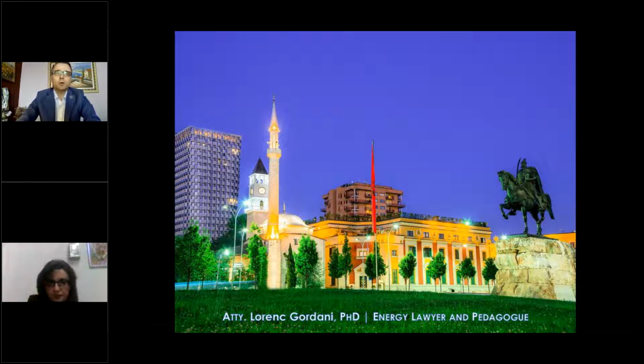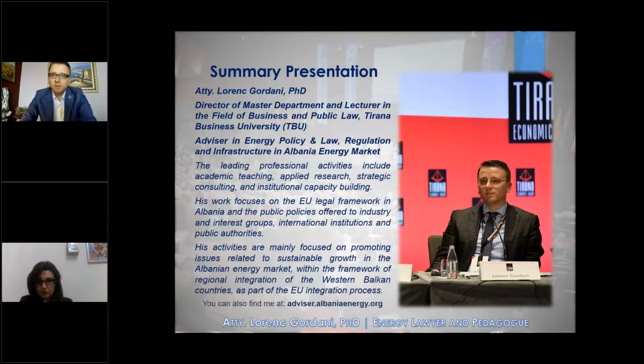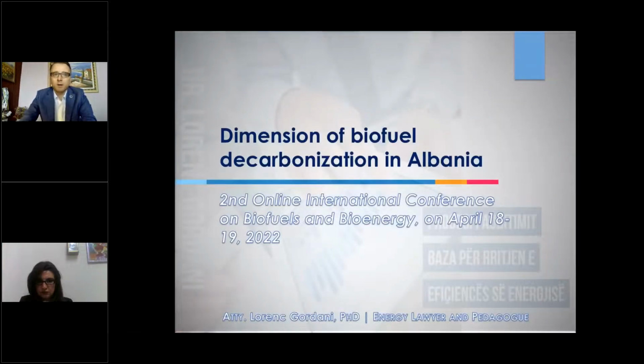Thank you to all the personnel of the Coalesce Research Group for having me here today. Distinguished authorities and participants, in my presentation I want to start by mentioning the gross domestic consumption in Albania.